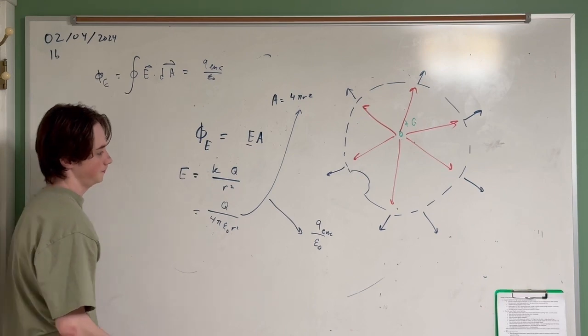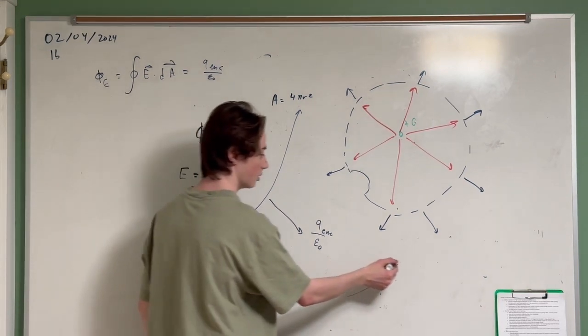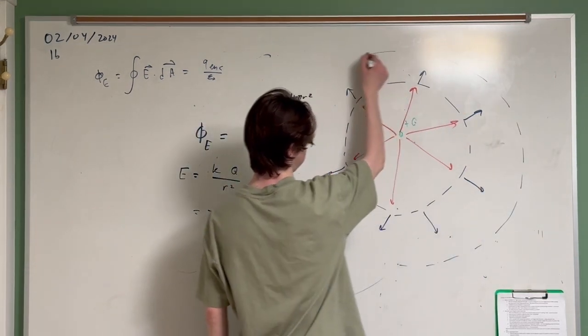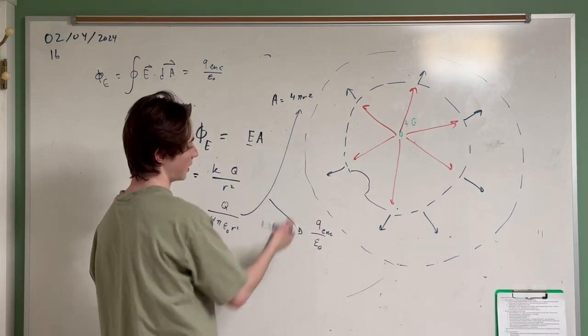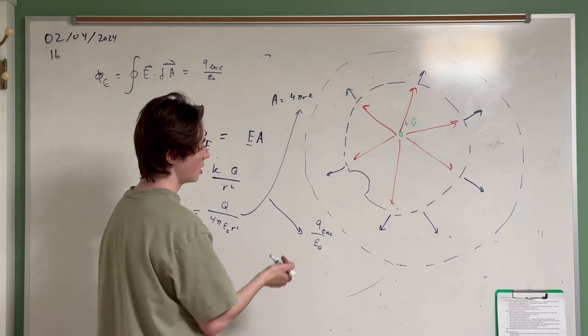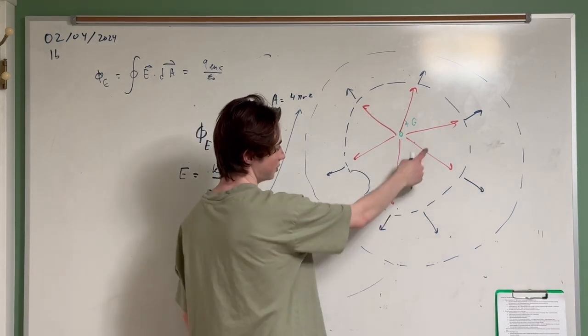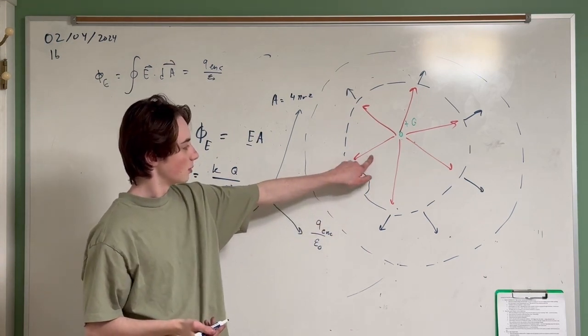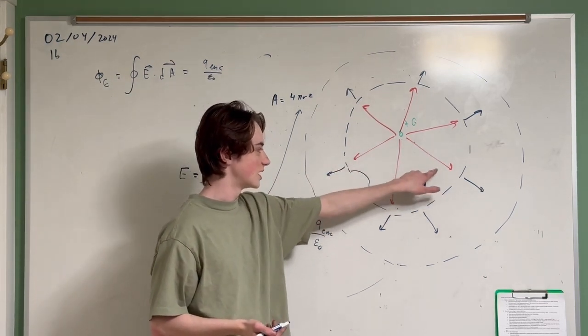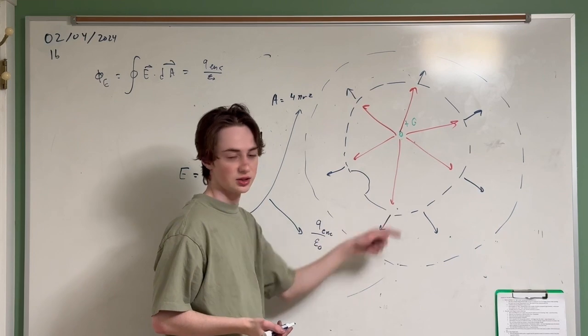So if you imagine we had a bigger Gaussian surface here, we'd have a different radius, but we'd have the same amount of electric flux. I think it's kind of cool that the definition of electric field lines, these arrows, remember how I said last lecture that the density of the arrows represents the electric field?